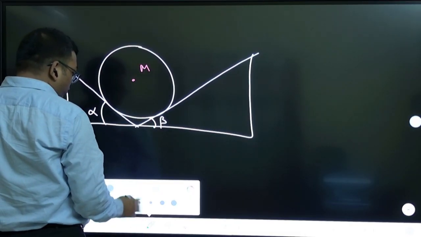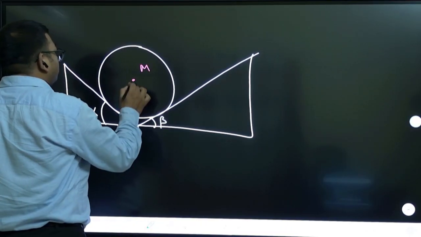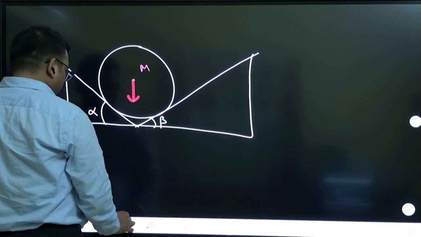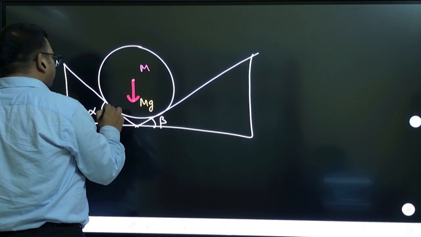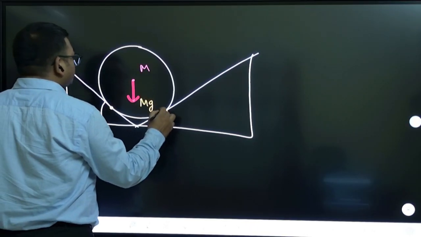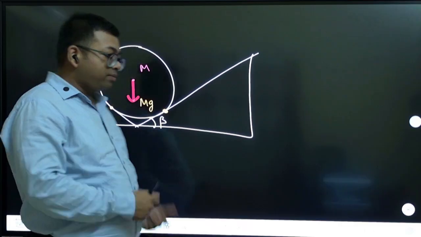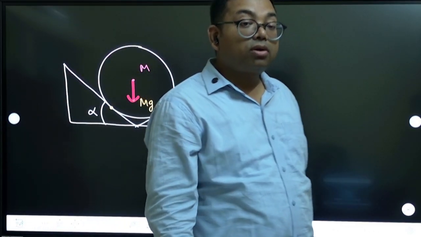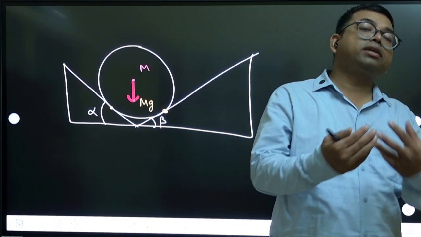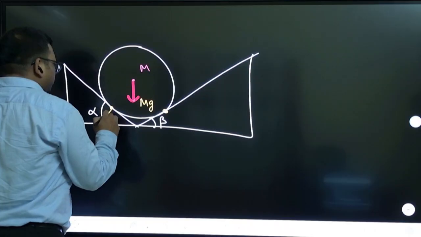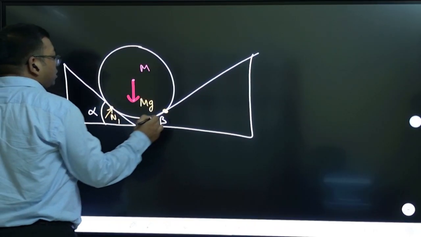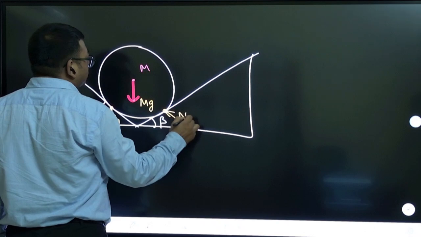So I want to draw the free body diagram. When I draw the free body diagram, this is weight mg, right? And note that here there is a contact force between them. If you have some idea of normal contact force, it acts perpendicular to the surface. So here there is a normal contact force. Let us call that N1 and this N2.